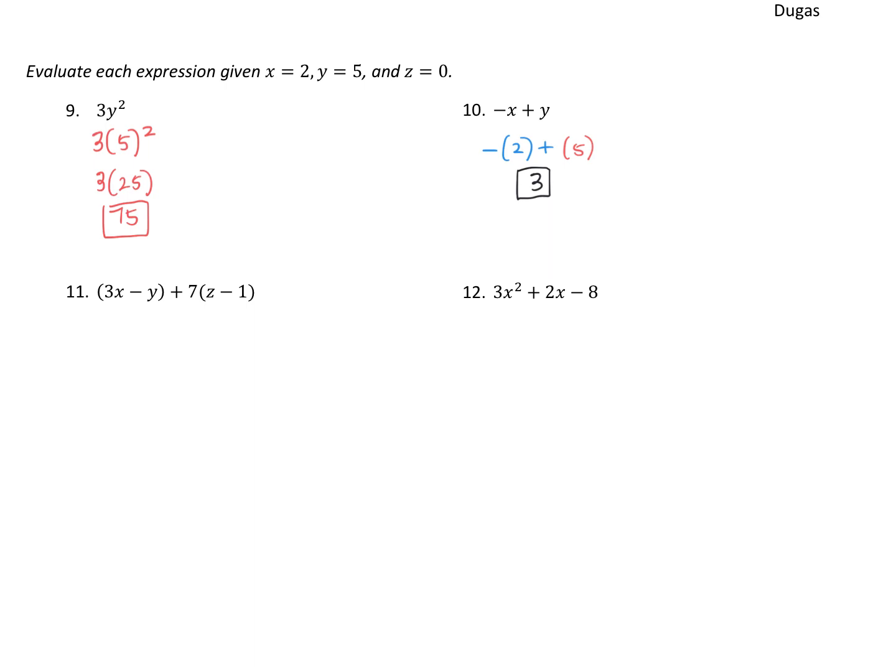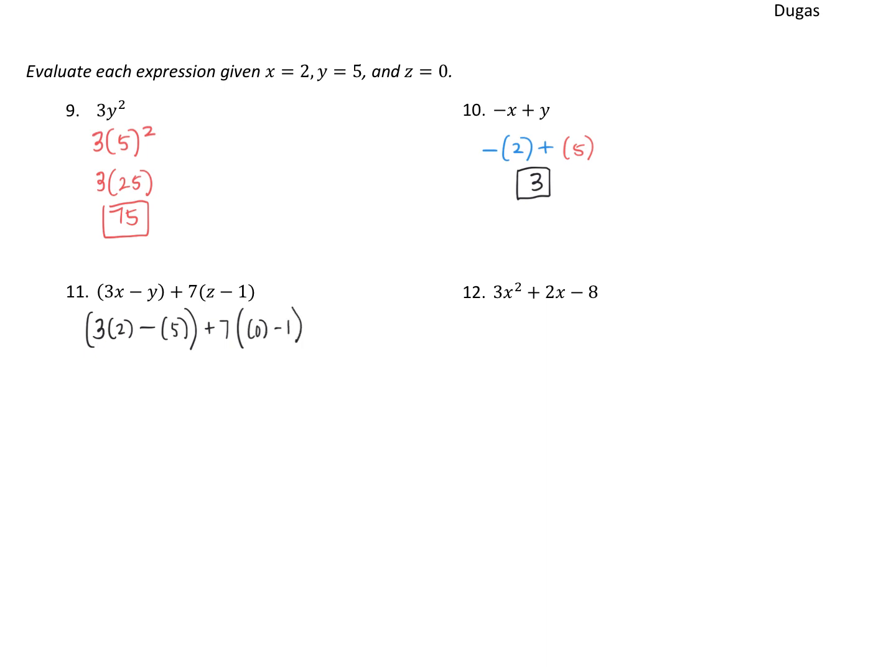Number 11, I have 3x minus y plus 7 times z minus 1. So my first kind of chore, I guess, is to plug stuff in. So 3x, x is 2, minus y is 5, plus 7 times z is 0, minus 1.